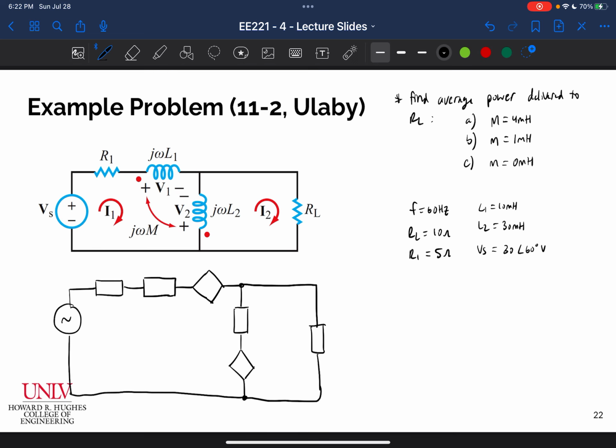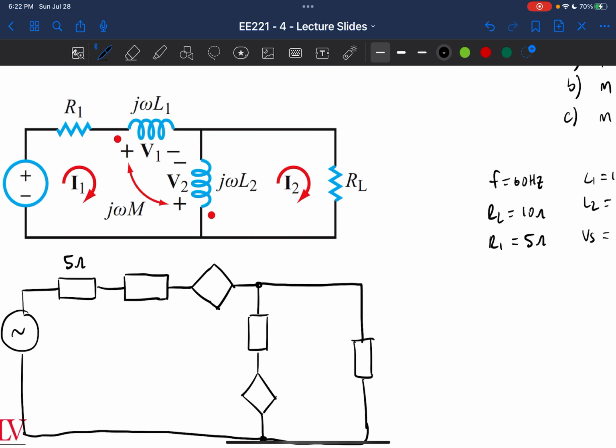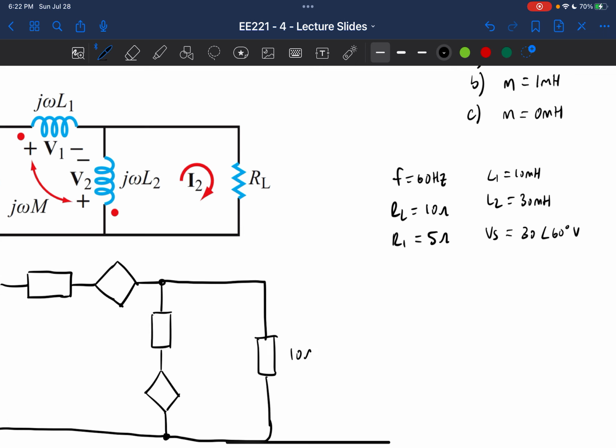Now we need to figure out these impedances. R1 is just 5 ohms, and RL is 10 ohms, out here. For j omega L2, let's throw that in my calculator: 2 pi times 60 times 30 times 10 to the minus 3.